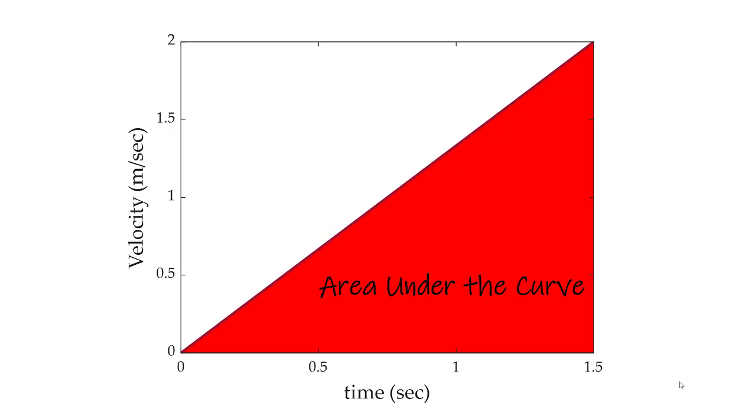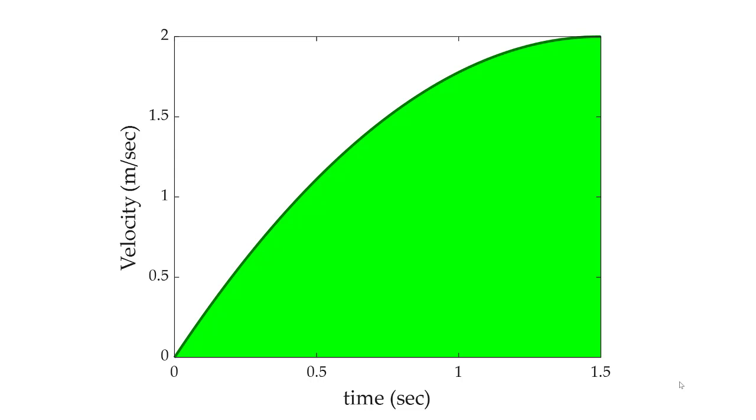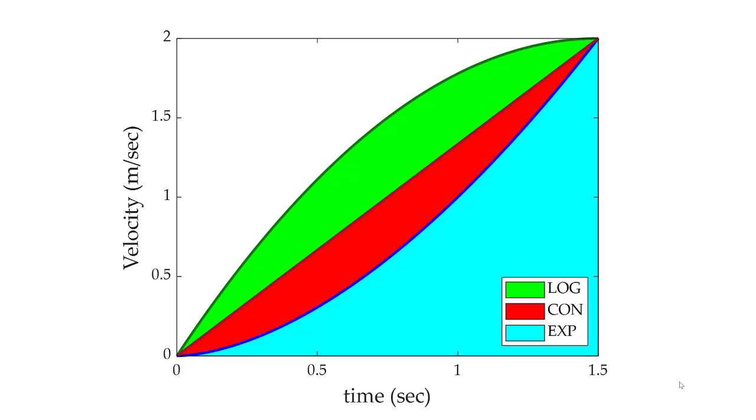If we go back for a sec, I hope you can appreciate that. And finally, the area under the green curve is not only going to be the green shaded area, but also the red shaded area and the blue shaded area, which if we go back and look at, you can see here. So this shows you that all three of these graphs, again, even though they have the same average slope, we're going to have different areas under the curve.